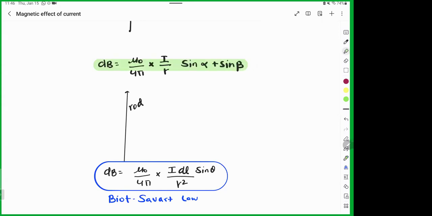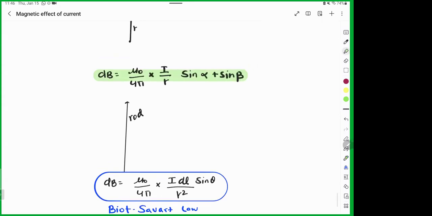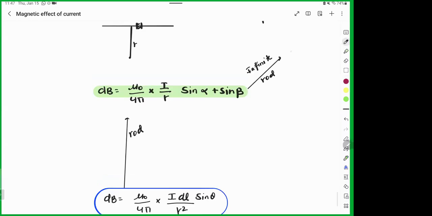You have further applications, like special cases of this. If you take an infinite rod, in that case your alpha value will be 90 degrees, your beta value will be 90 degrees, and your sine alpha plus sine beta value will be equal to 2.